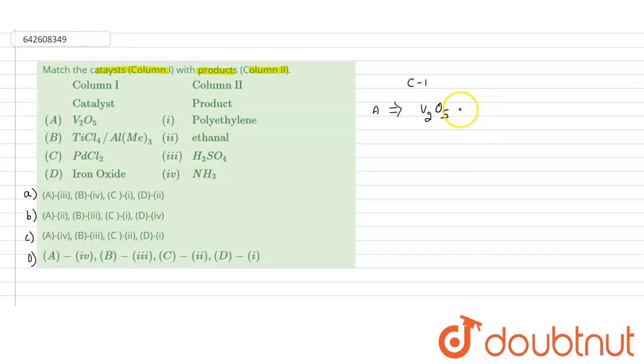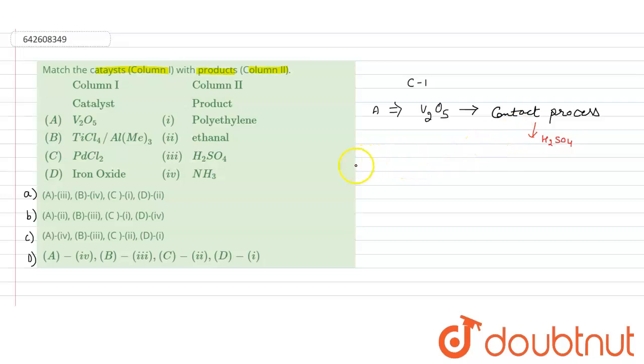It is used in the contact process, and this contact process is used for the manufacturing of H2SO4. So in the manufacturing of H2SO4 we use V2O5 as a catalyst.